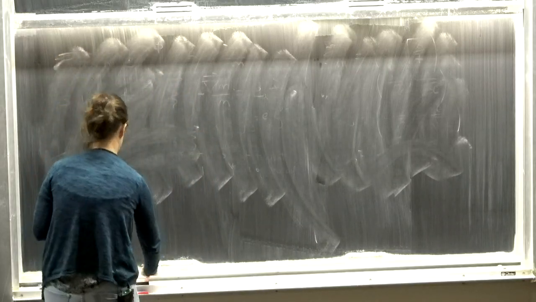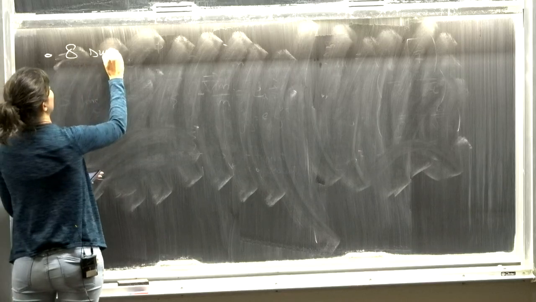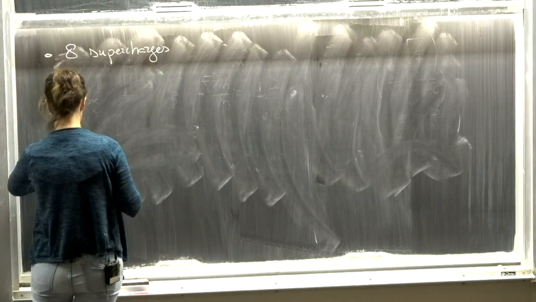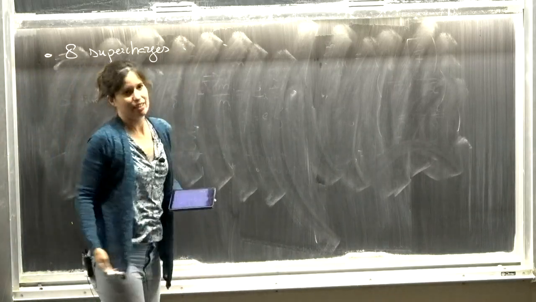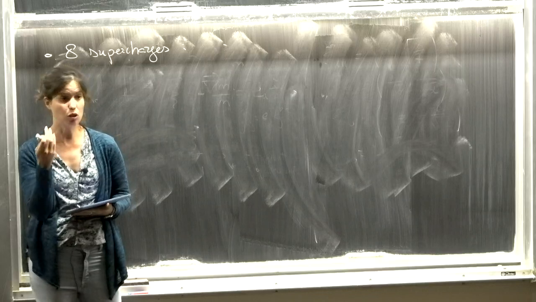So let me go now to 8 supercharges. See if I have time to say a bit. So here, I don't think we have a full classification from string theory. That's hard. The known examples, right?